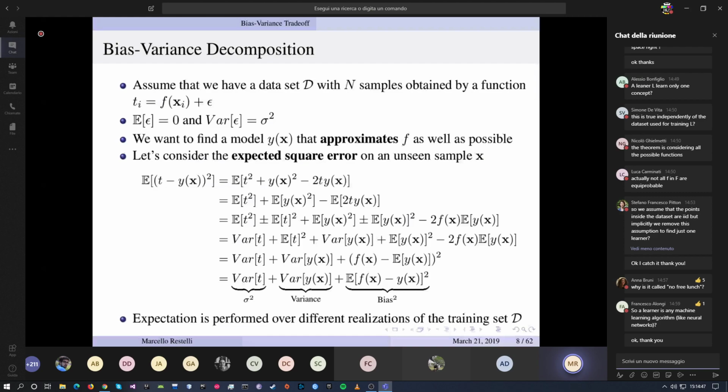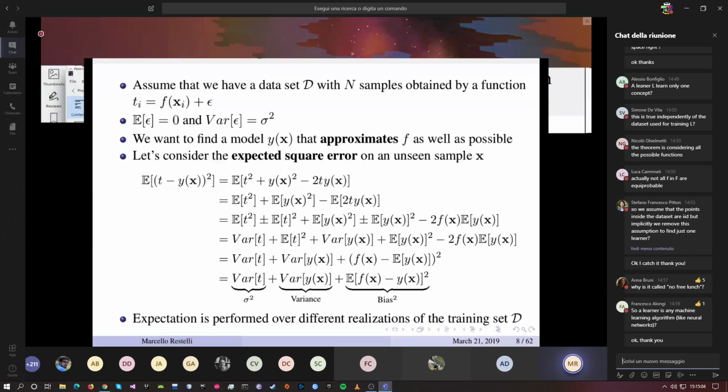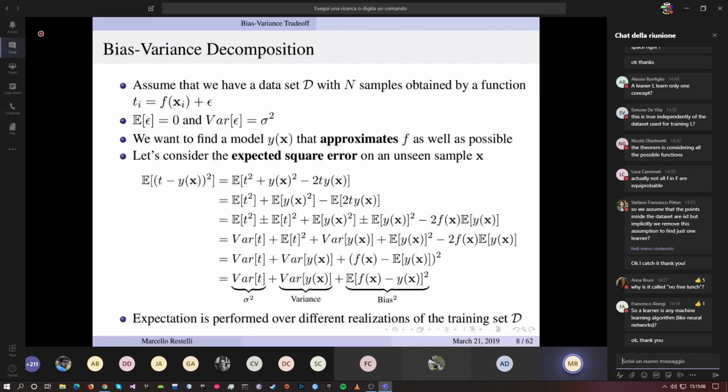What happens is that the variance and the bias square are in trade-off, unfortunately, because we would like to put both of them to 0. So we would like to have variance as 0 and bias square 0. But given a fixed size of the training set, if you try to change something in your model to reduce the variance, usually you are introducing the bias.